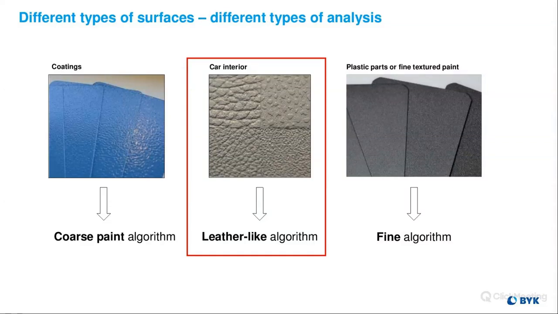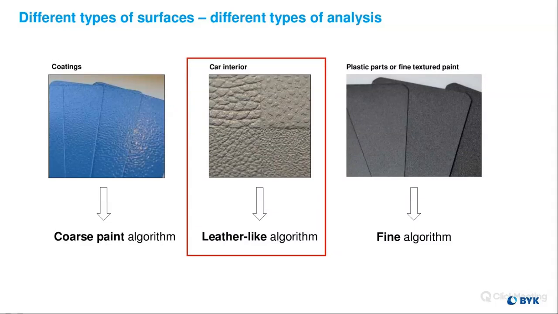What we're looking at there is basically your grain size, your grain height, and how far the grain is from each other, so that grain spacing. And then we have what's called our fine algorithm for very fine textured paints or parts. Usually you'll see it on plastic parts, on computers, and some small electronics.